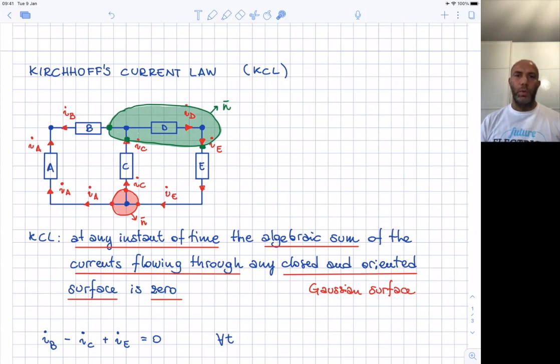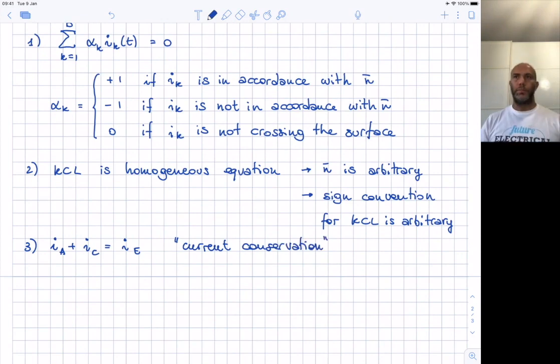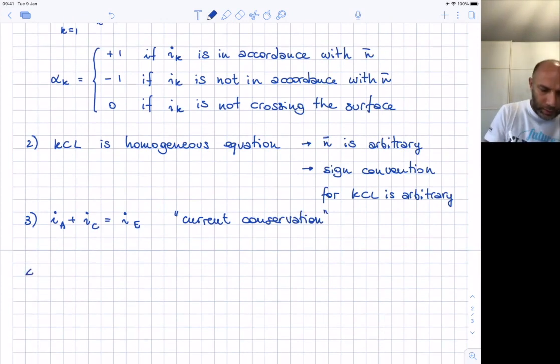So, what we said with the new formulation of Kirchhoff current law is that the sum of the currents that are flowing in equals the sum of the currents that are flowing out. It's a sort of current conservation. Last comment.